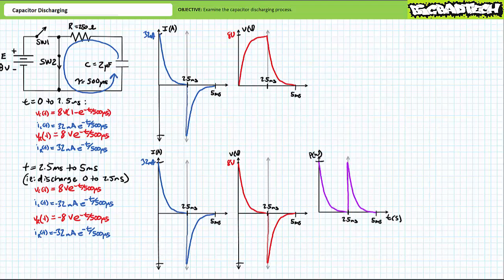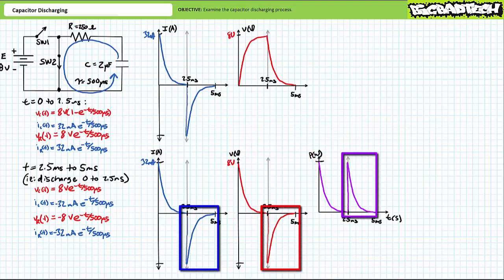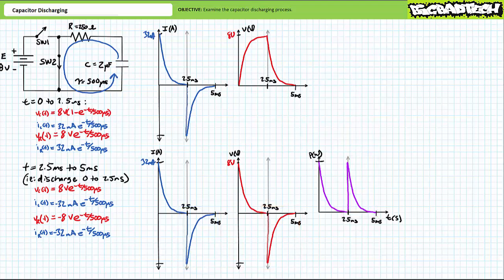This is categorically untrue. Recall that power is the product of voltage and current. During the charge process, positive voltage times positive current yields positive power. During the discharge process, negative voltage times negative current yields positive power. Consider this plot of power dissipated by the resistor as a function of time.